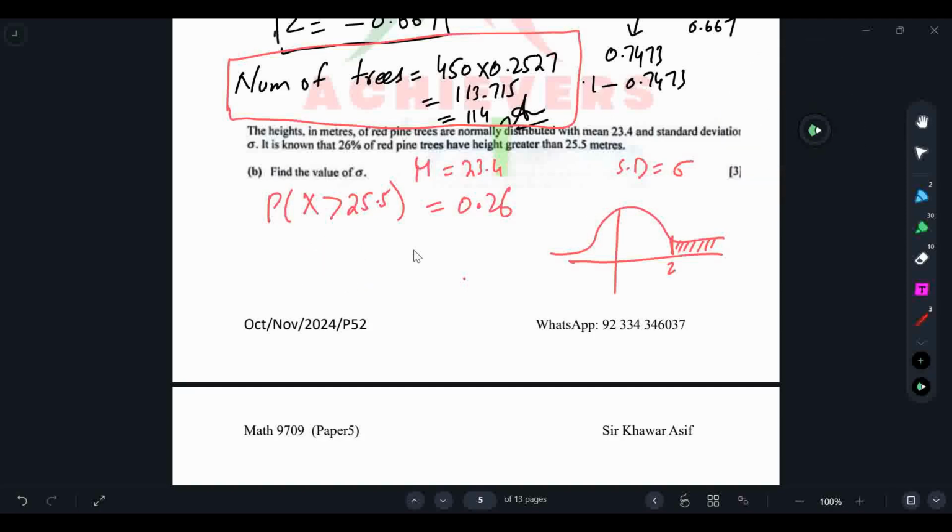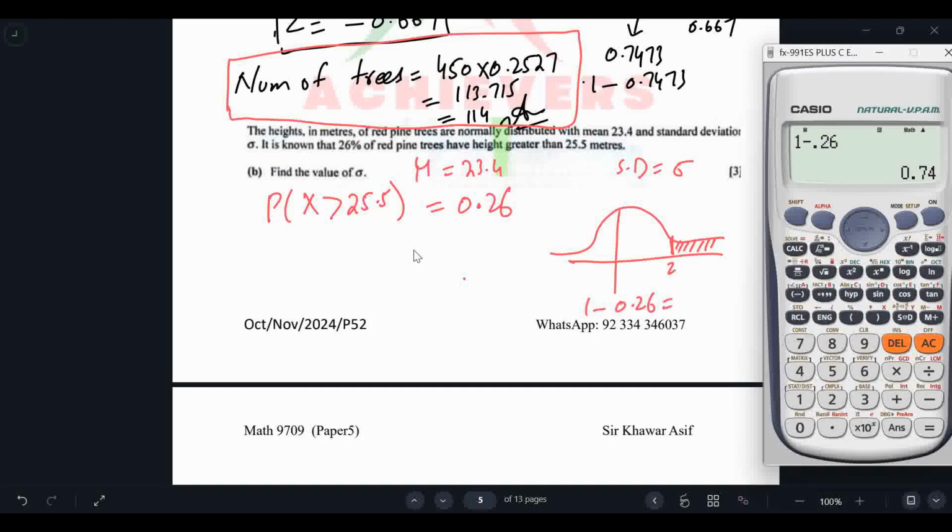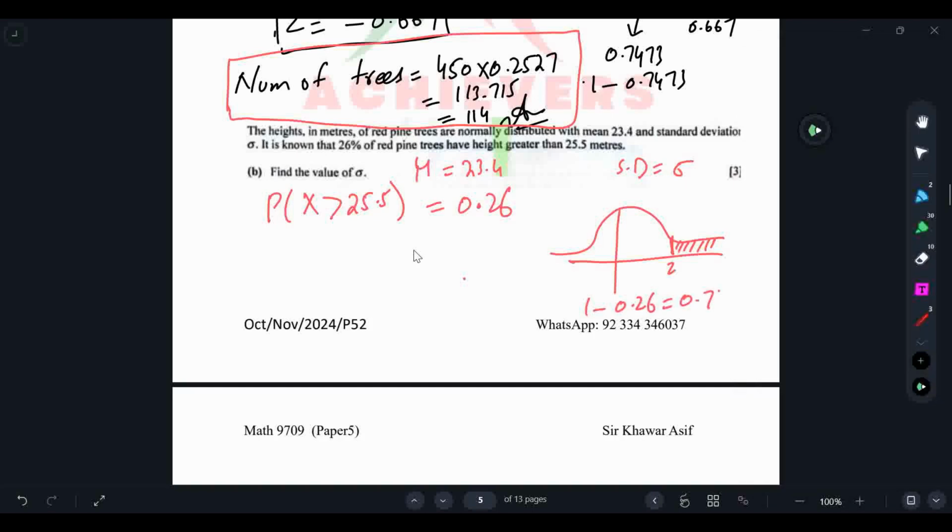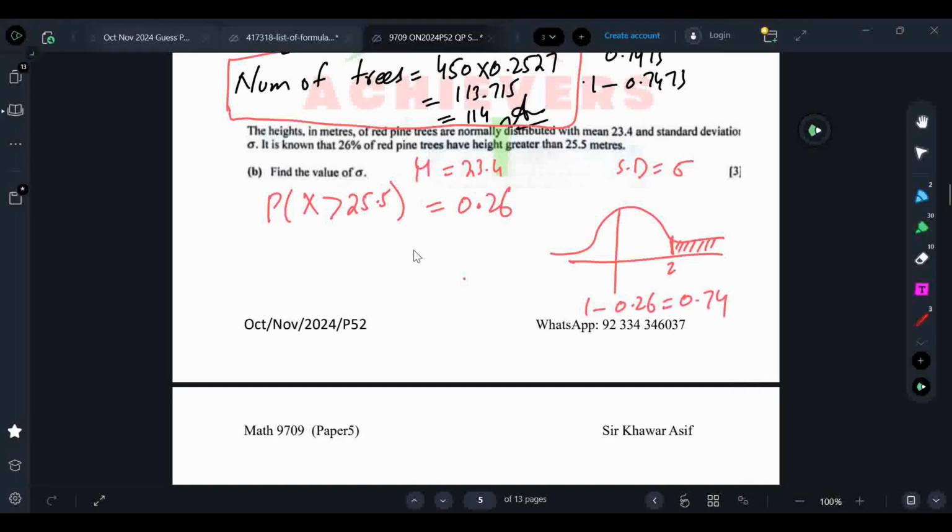We need to find out the probability greater than this. So 1 minus 0.26 will be 0.74.